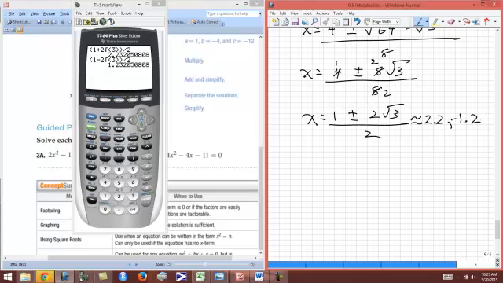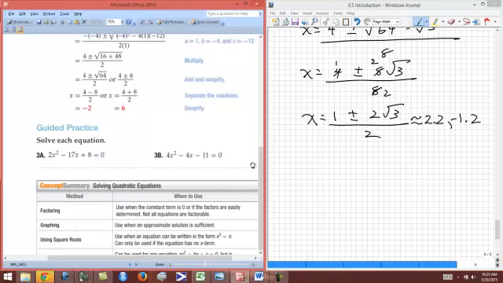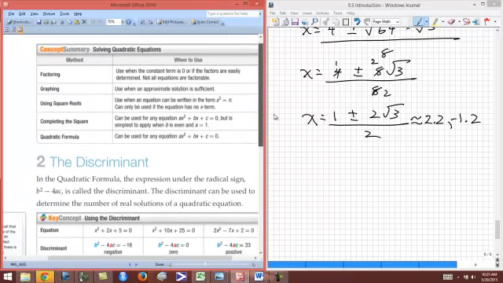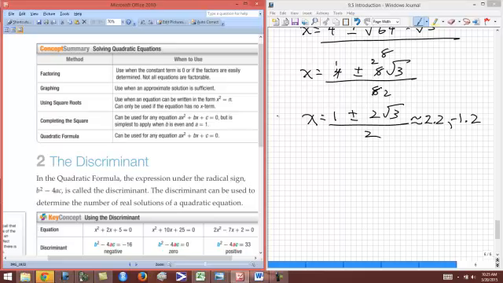All right, so we're getting near the end of this whole thing now. So let's get to this. Here's a little chart that's very, very useful. It gives you all the methods. So you can do factoring, graphing. Graphing, when you want to find the exact roots, isn't going to be all that useful to you.